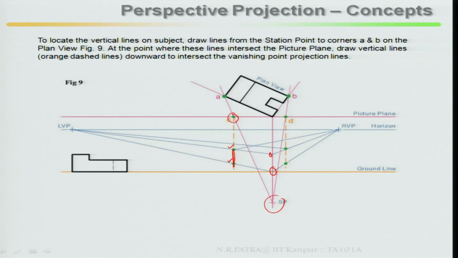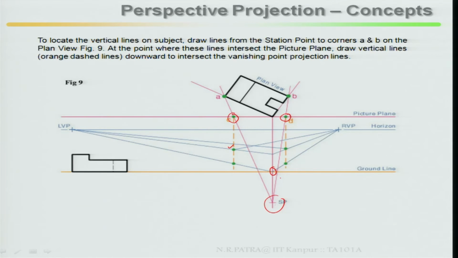Similarly, from this station point draw a line to look at the edge point B, the line from station point to B where it intercepts at point D, from where draw dashed lines projected back where it will intercept your right vanishing point lines covering from your true length. So, you will get two edges.